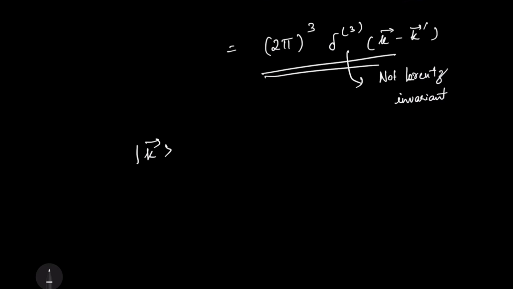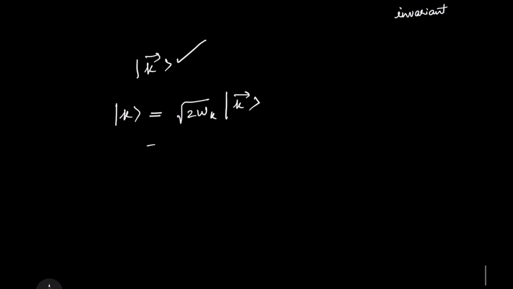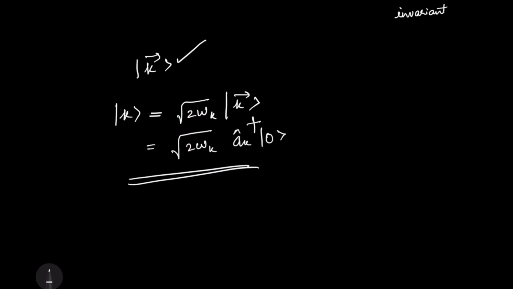So the new state I'll just represent by k. The old state is vector k, and the new state k is equal to root of 2 omega_k times vector k. What is vector k? a_k dagger acting on the vacuum state.